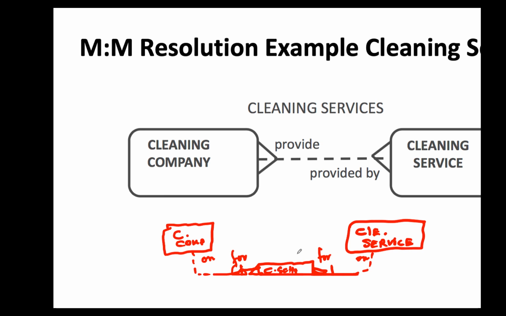Okay, but because this relationship was that each cleaning company may provide, so this may will go here. Okay, if it's must, then it should be must. But obviously in our case it is optional, that's why this relationship is optional, and one-to-many.